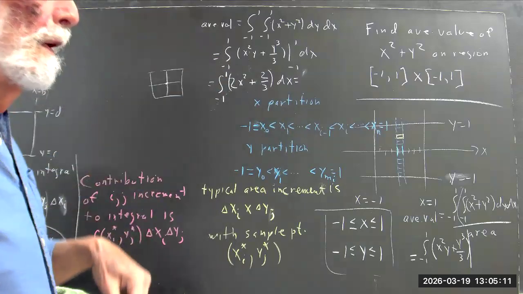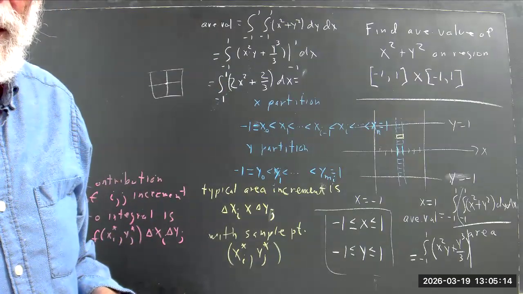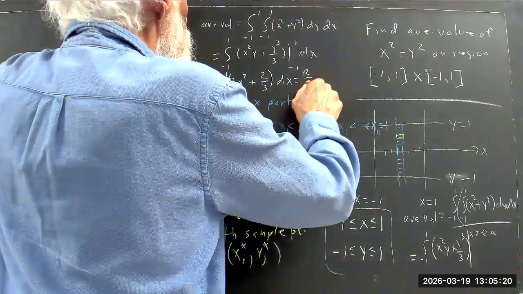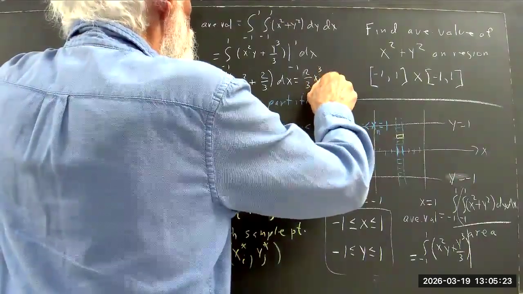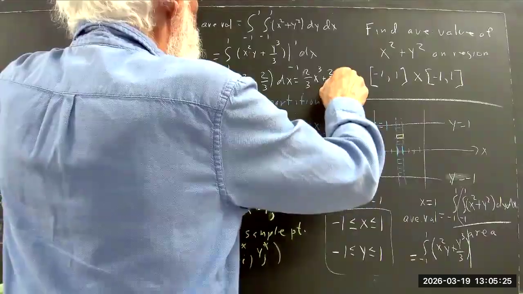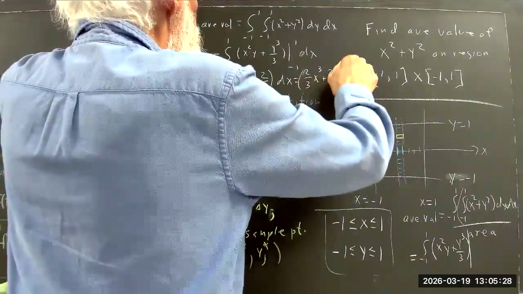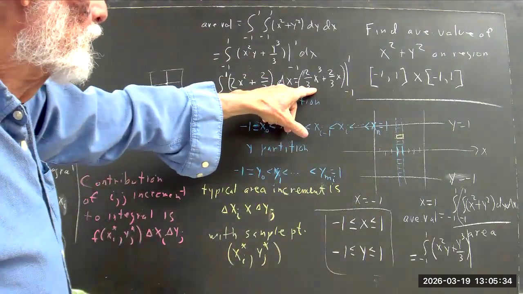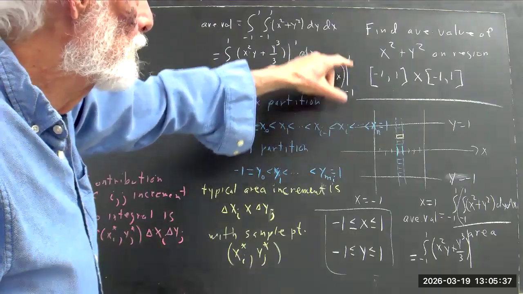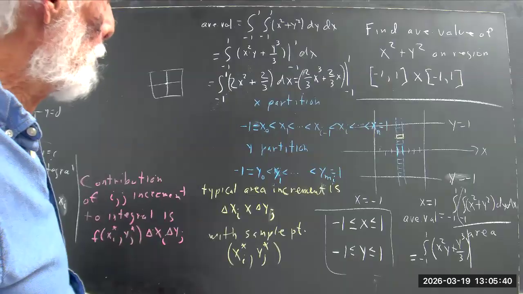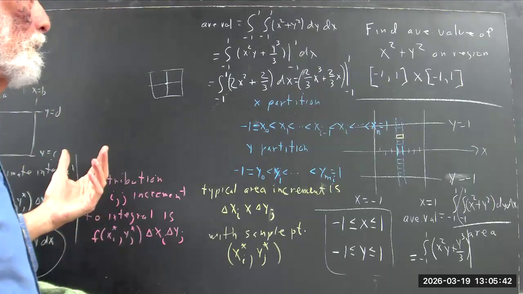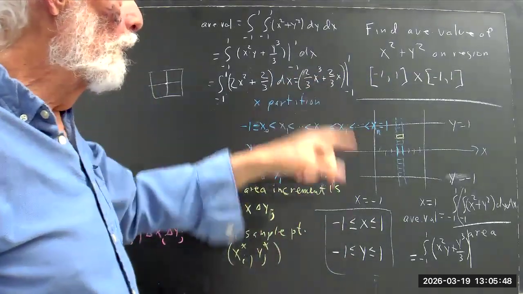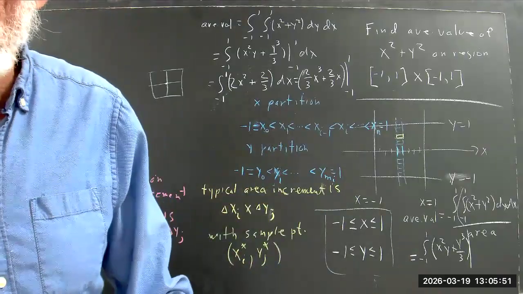The integral of 2x squared with respect to x is just 2/3 x cubed. So you get 2/3 x cubed plus 2/3 x evaluated between -1 and 1. Okay. At 1, that's 4/3. At -1, it's -4/3, so you get 8/3.